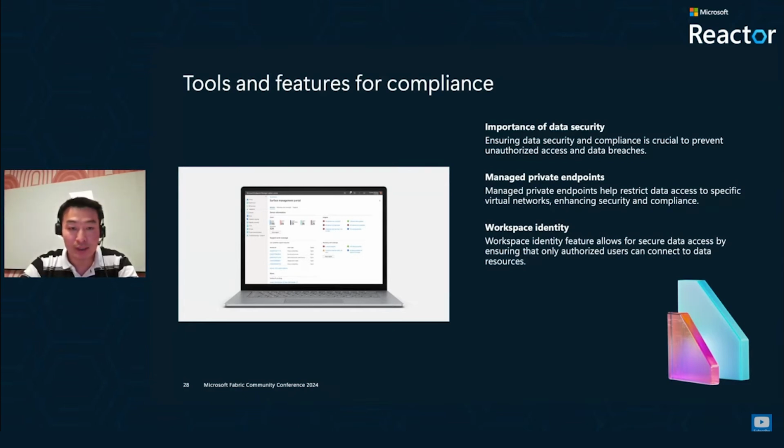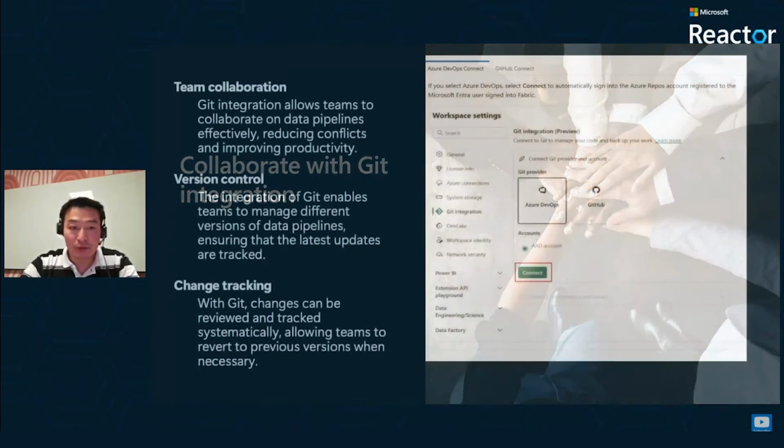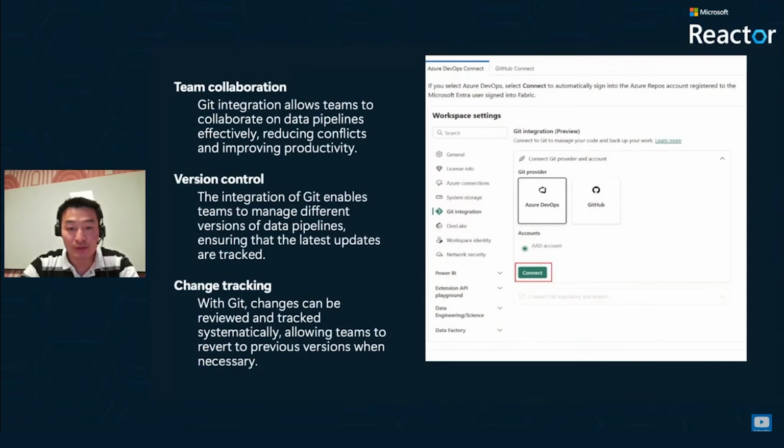These are the security features. Let's move to the next topic, related to collaboration with Git integration. Data Factory in Fabric also facilitates team collaboration on development through features like Git integration, so the team can work together on your development pipeline, review the changes, or manage the version.